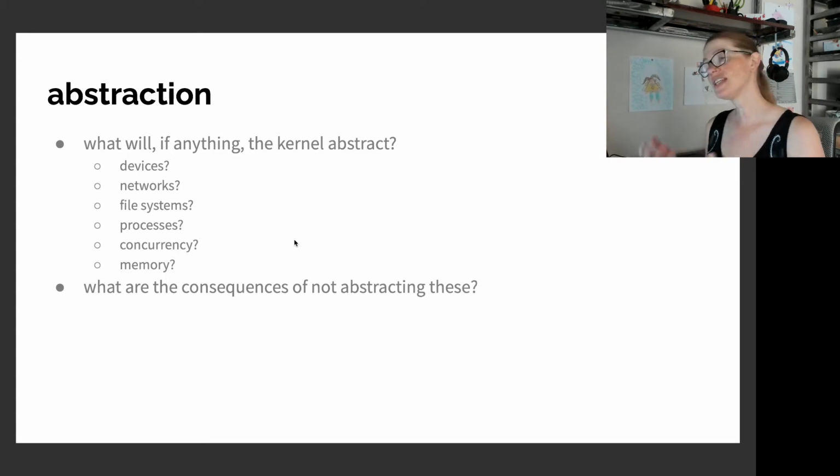So for example, from a security perspective, if I don't abstract physical memory, then my user programs would actually be able to access other address spaces. But there's another interesting consequence that we'll see a little later of letting the user programs use physical addresses.